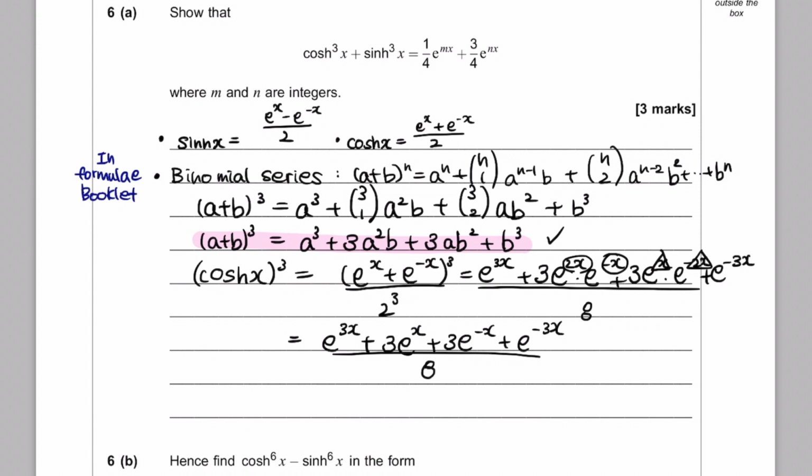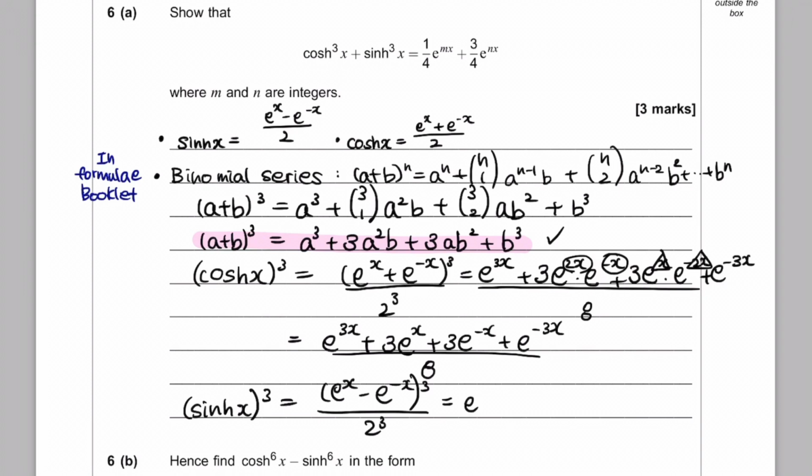And let's do the same thing for sinh x to the power of 3. Now everything is the same, but the sign is reversed. Careful with the sign, and then let's do step by step. The first term powers by 3.